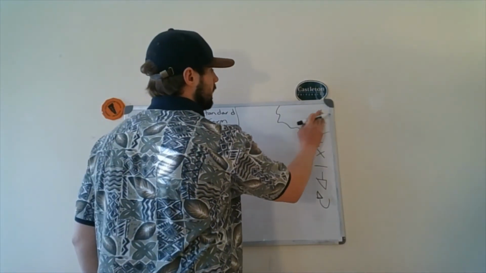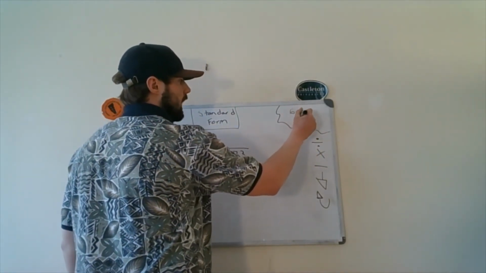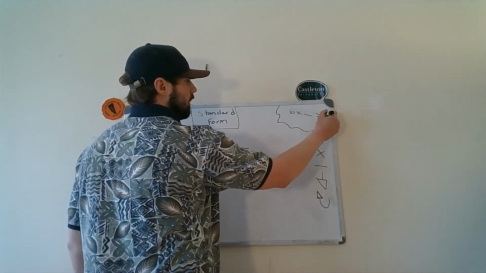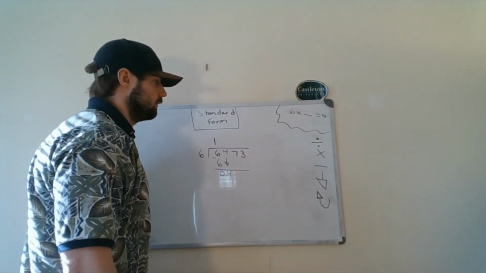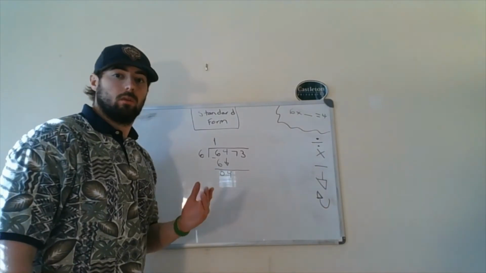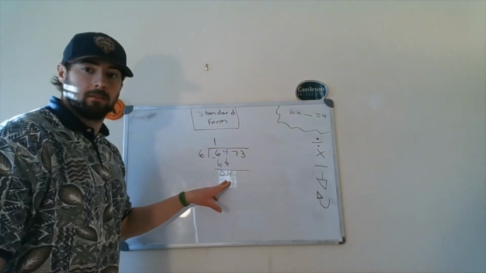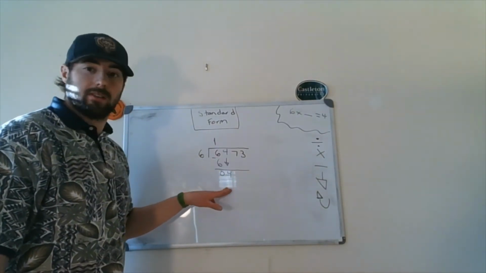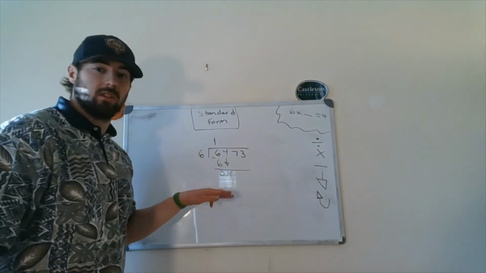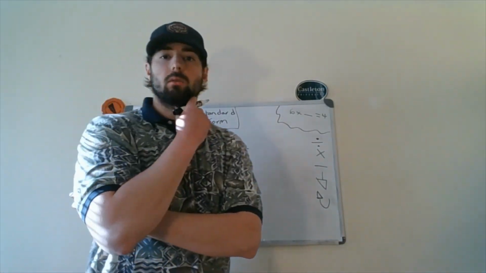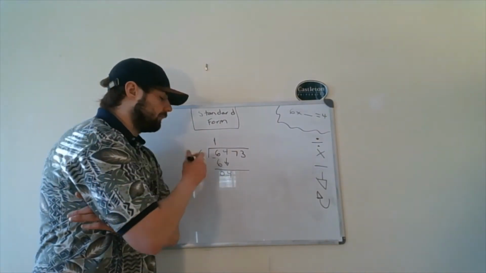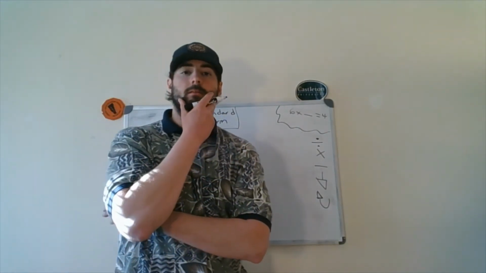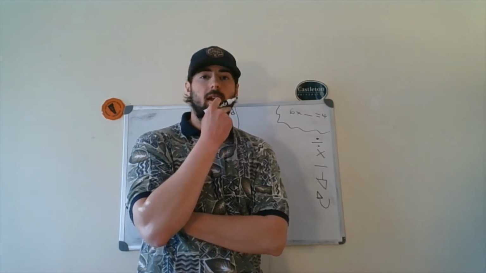So in my head, I'm thinking 6 times a number equals 4. Can't happen. Guys, what do we do when we need to bring down? We've already brought down, and we still need to divide. We can't divide 6 into 4. It can't happen. What do we need to do then?